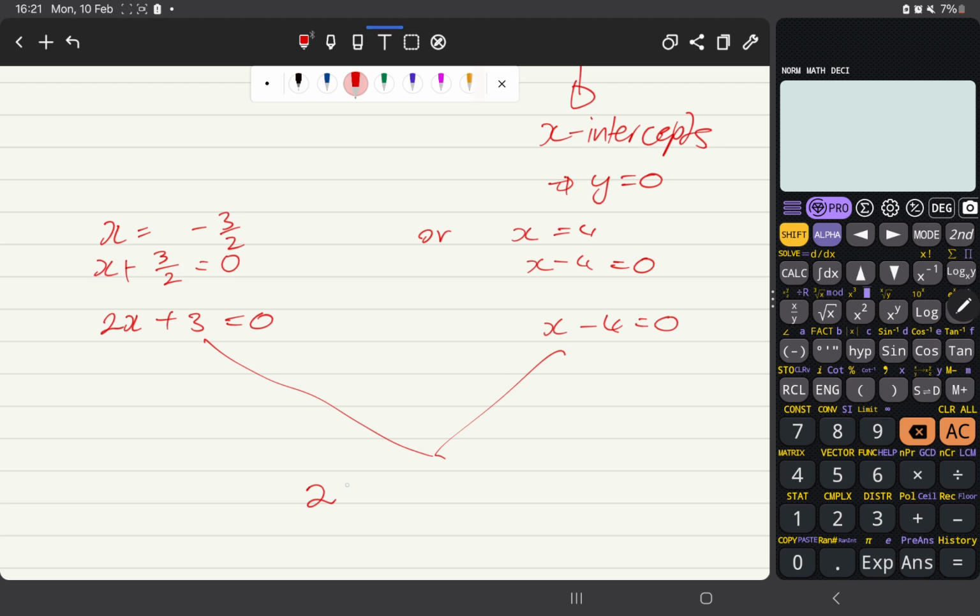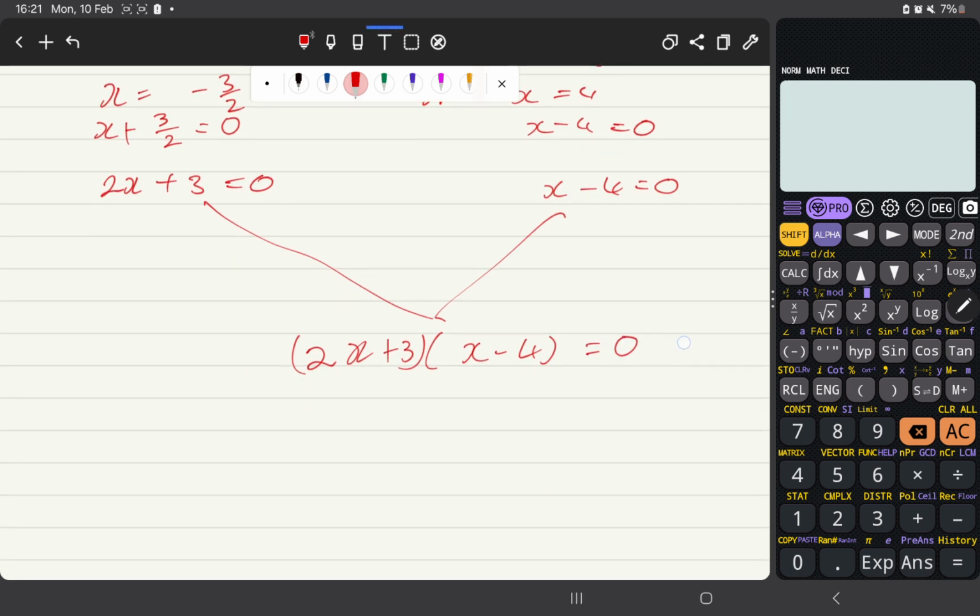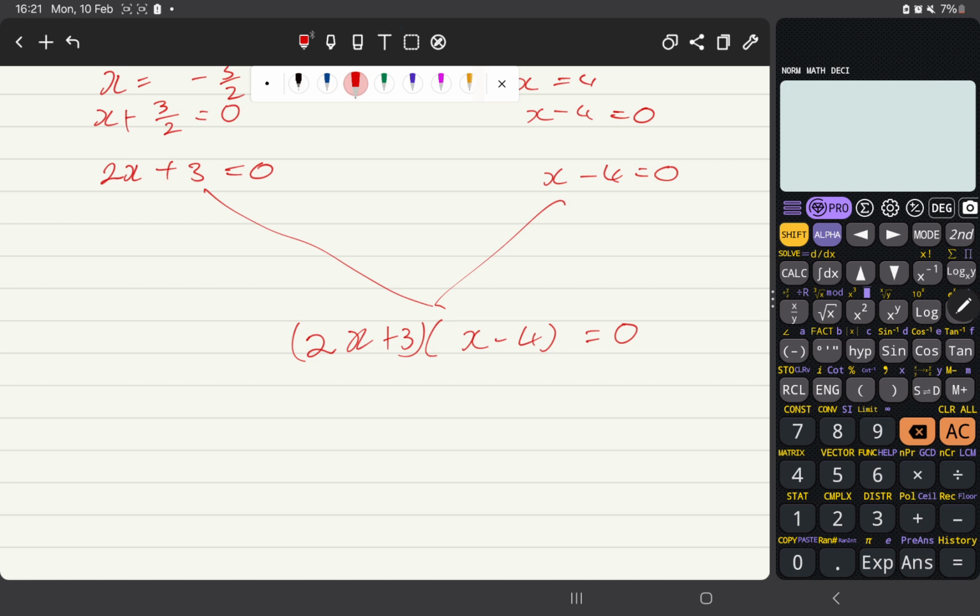Now these two, you combine them, since both equal 0. You have 2x plus 3, then you have x minus 4, right, equals to 0. Then you just multiply the whole bracket out and you get your answer. To multiply the whole thing, I have 2x squared minus 8x, and then plus 3x minus 12.